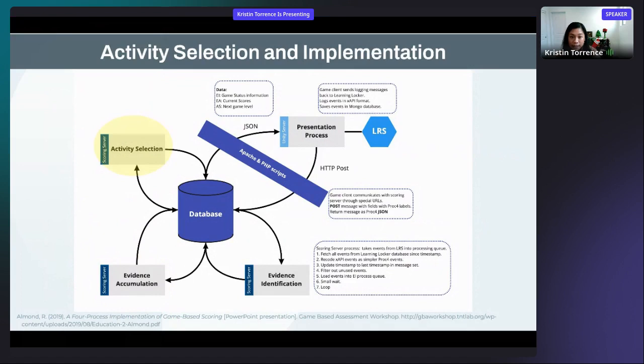For activity selection in Newton's Playground, the game levels, really the way they were organized is that they were split into topics associated with skill variables in the competency model, and those topics were sequenced from high, medium, and low within the topic.